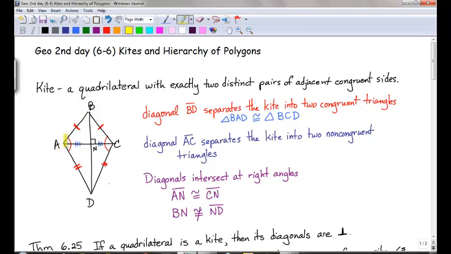So if you look at the top triangle up here, triangle ABC is not congruent to triangle ACD. They're not congruent.